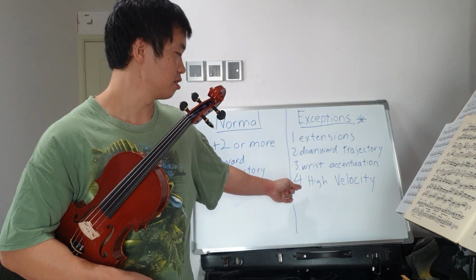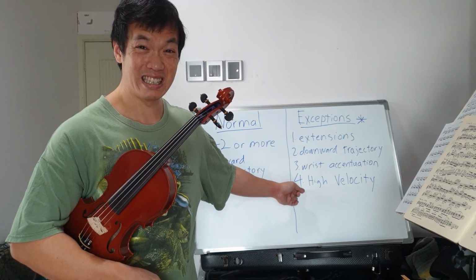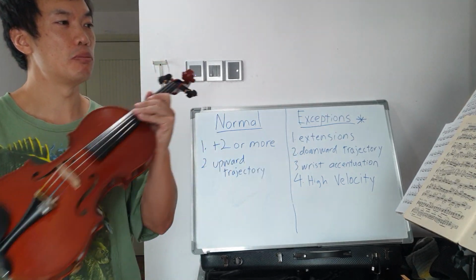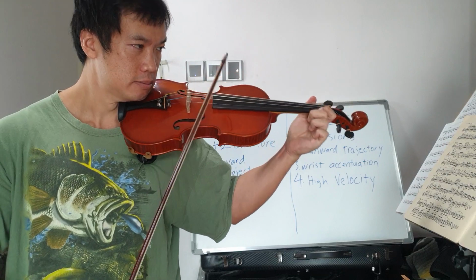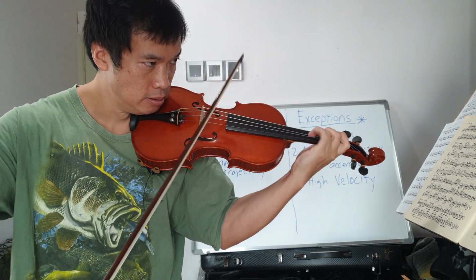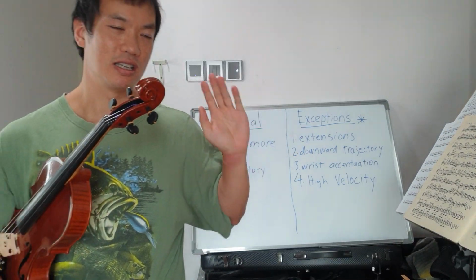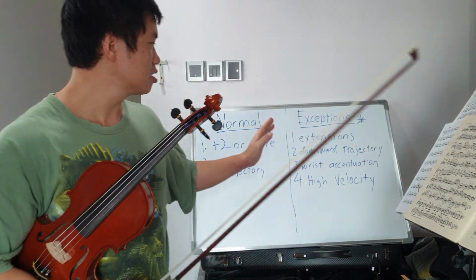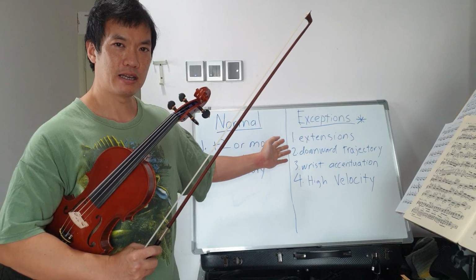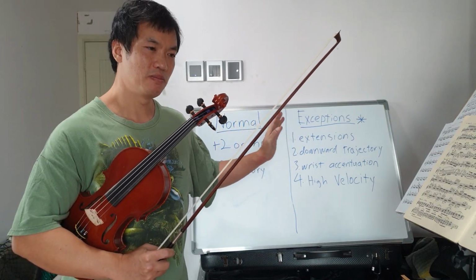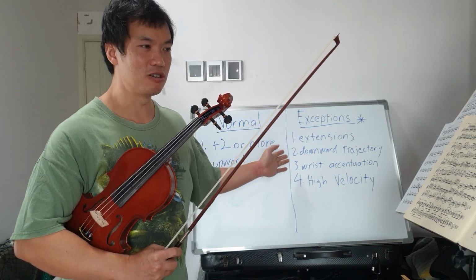This is high velocity. You notice when I go slow, it's not that loud. When you go fast, it's much louder. Much louder, okay? High velocity definitely speaks more. So these are just four exceptions. There are many more, but this is a good starting point.